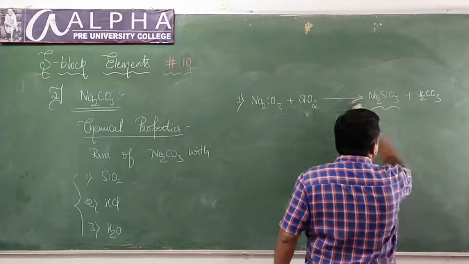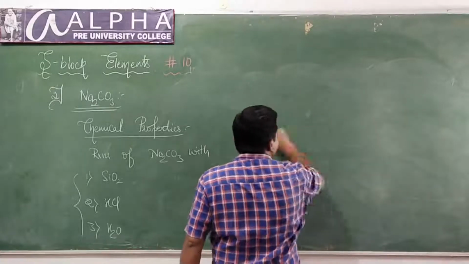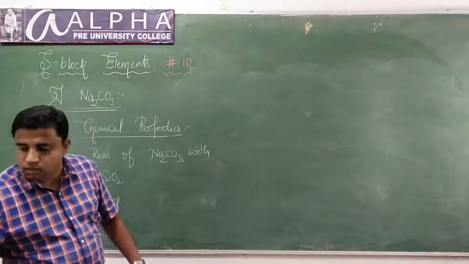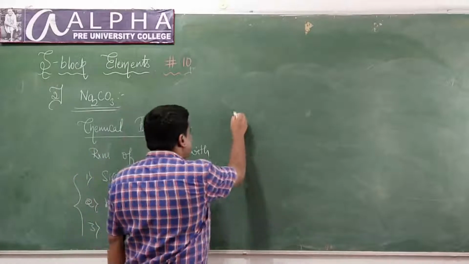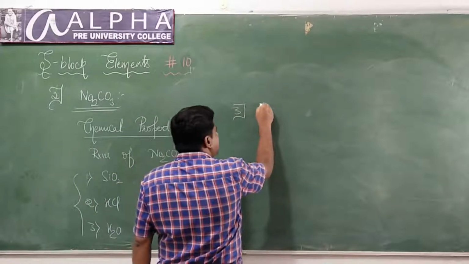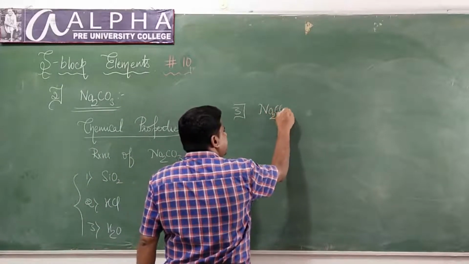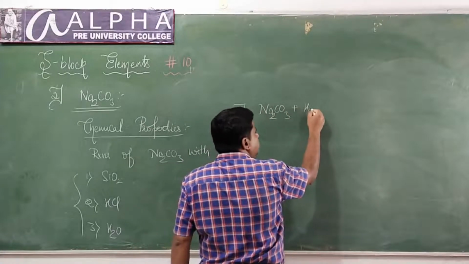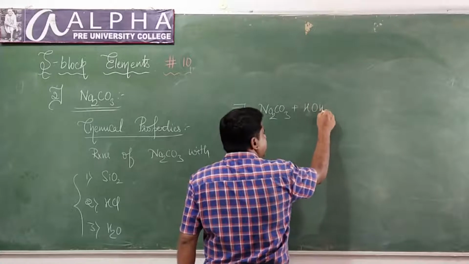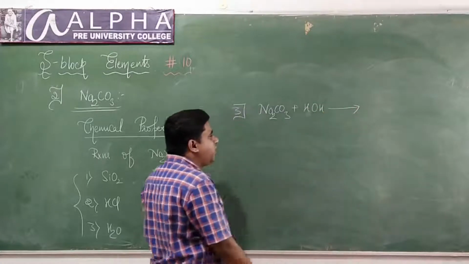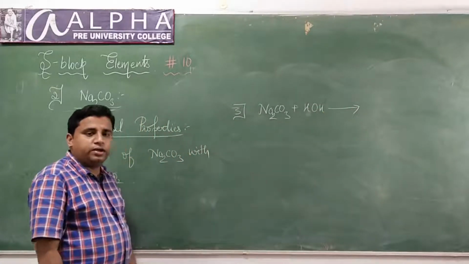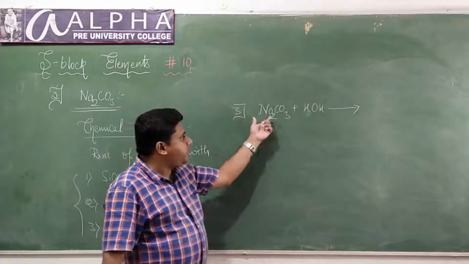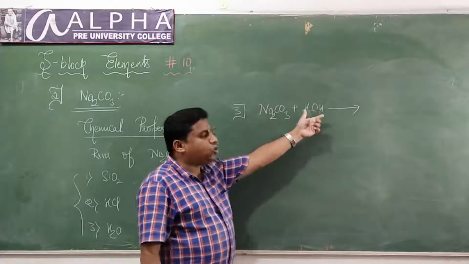See this, the last reaction, when sodium carbonate reacts with H2O, that is, water consisting of H plus ion and OH minus ion. We have sodium ion and hydroxyl ion.